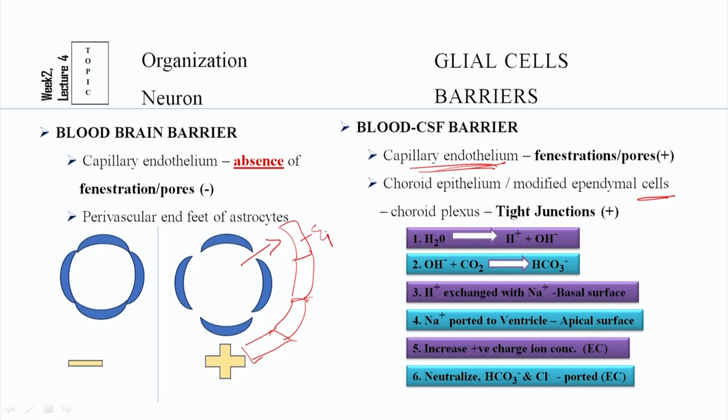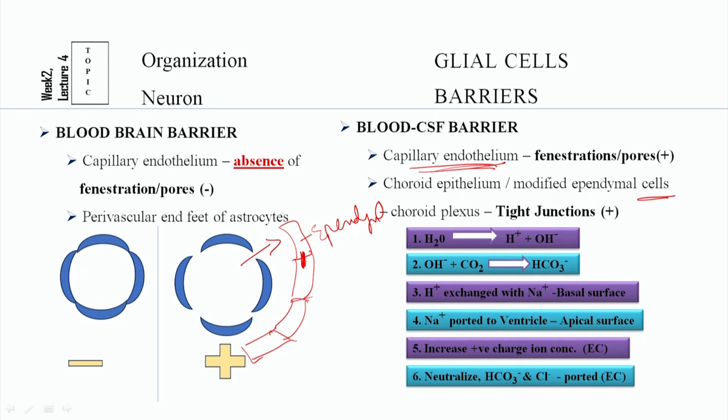These ependymal cells have tight junctions. So whatever nutrients pass through this fenestration or pores get obstructed by the interstitial cells, the interstitial fluid, where they get obstructed and may not move forward.